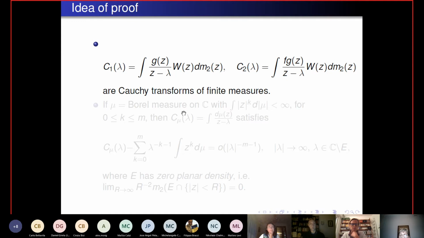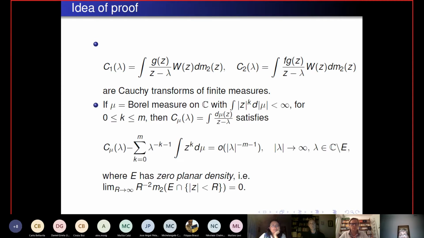And the thing is that about these Cauchy transforms, we have some knowledge how they behave at infinity. And here is what they do. If the measure has a number of moments, then the Cauchy transform will have a certain behavior at infinity.